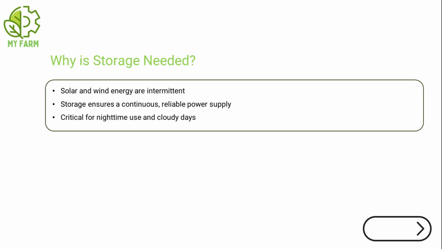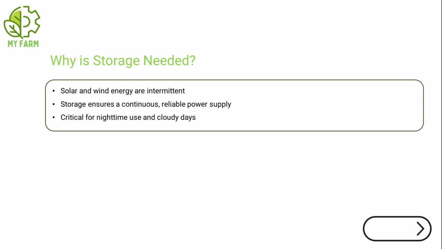Energy storage is one of the most crucial aspects of any renewable energy system. The reason is simple: solar and wind energy are intermittent. The sun does not shine at night, and wind patterns are unpredictable. Without storage, the energy generated during sunny or windy periods could go unused, leaving farms vulnerable to power shortages.